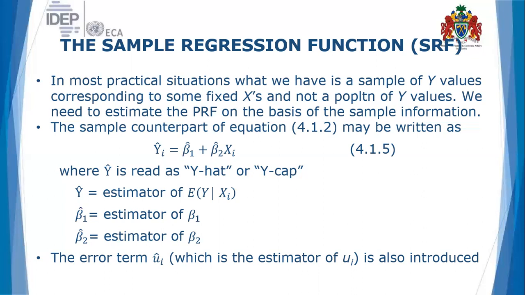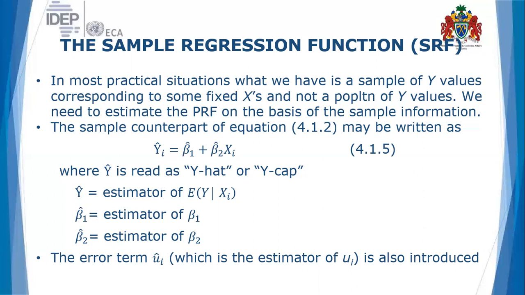So the sample counterpart of equation 4.1.2, which was the population regression function equation, may be rewritten as y hat i is equal to beta hat 1 plus beta hat 2 xi, which is similar to the population regression function.